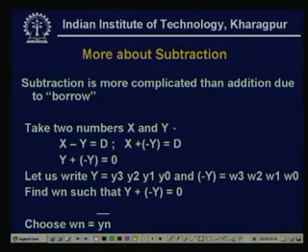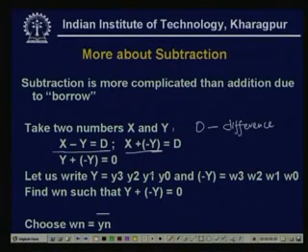So, d is my difference. Now, I can write the same expression x minus y equal to d as x plus minus y equal to d, as if instead of subtracting, I am doing addition of the negation of y.